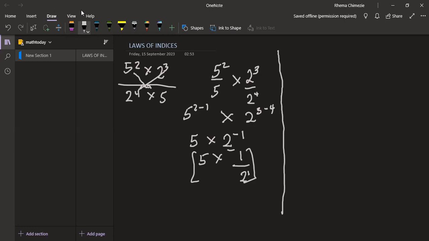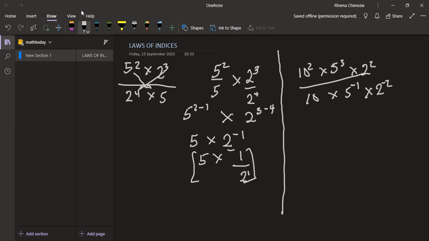We can also check out other things we can do with it. For example, you can have a number like 10 raised to power 2, times 5 raised to power 3, times 2 raised to power 2, and here we have 10 raised to power 1, times 5 raised to power minus 1, times 2 raised to power minus 2.